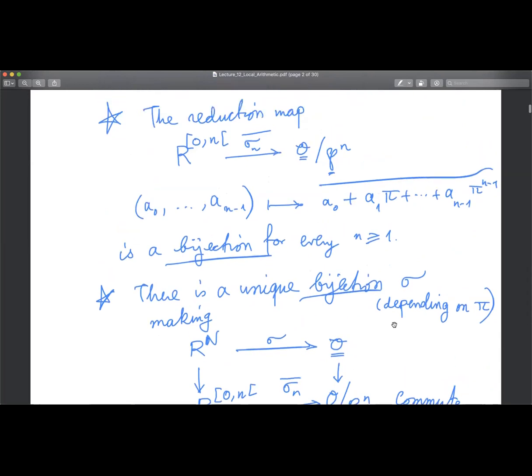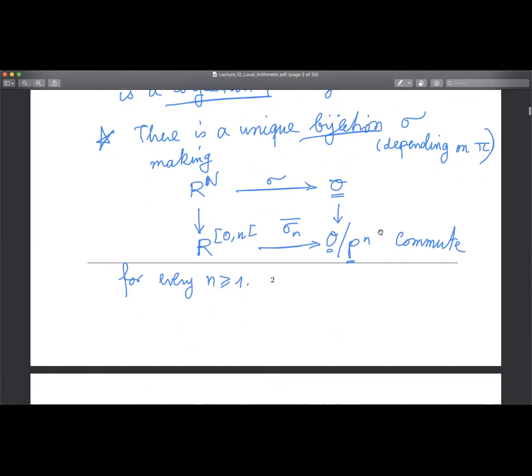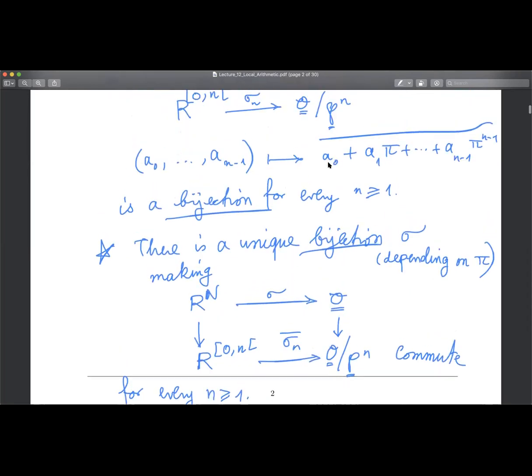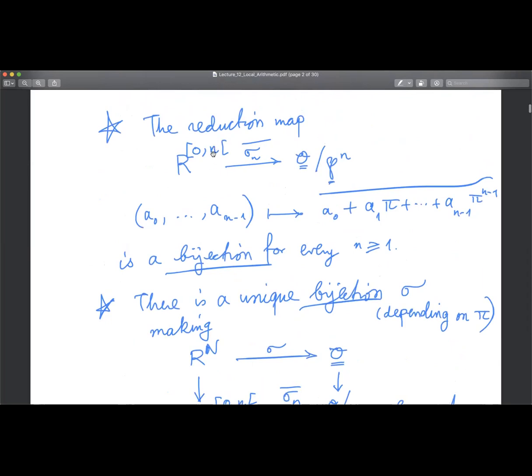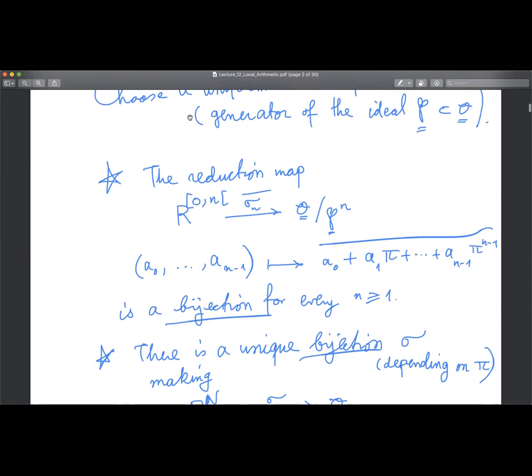I think we proved this last time. So it followed from the fact that these are bijections and that these are compatible when I replace n by n plus 1. When I replace n by n plus 1, first of all, I have a map on the left from n plus 1 to n. I have a map on the right from n plus 1 to n, which means O modulo P to the n plus 1 to O modulo P to the n.